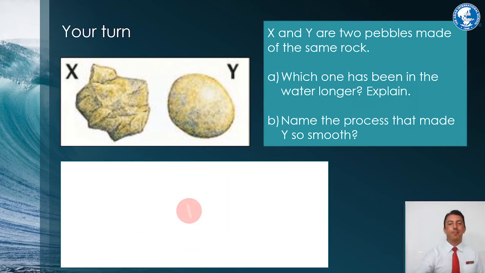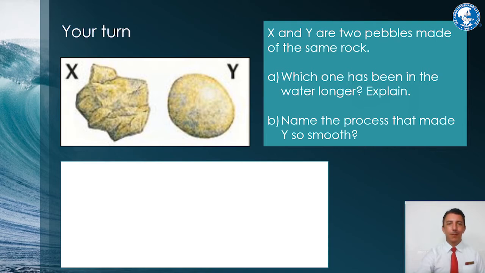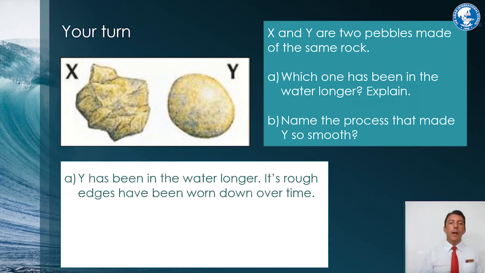Finished? Okay, let's check. Your answer should have the same details, but you might use different phrases. Which one has been in the water longer? Y has been in the water longer. Its rough edges have been worn down over time.